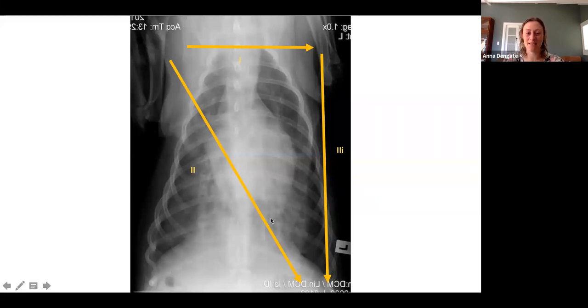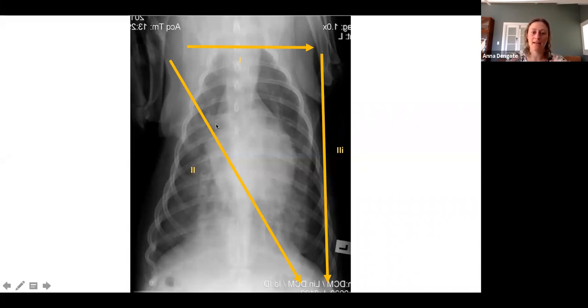Our lead 2, which courses from usually the right elbow to the left leg, is really nicely lined up to catch flow through the ventricle, down through the bundle into the bundle branches. So we get a really nice line-up of that initial conduction through the ventricle.